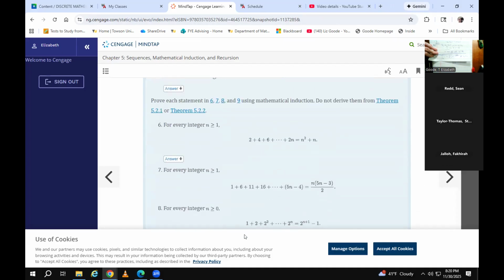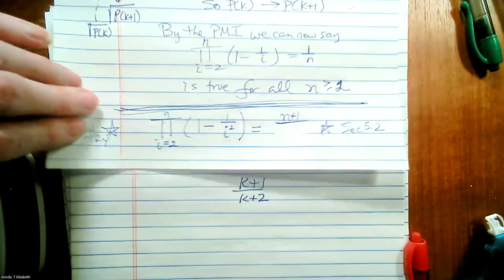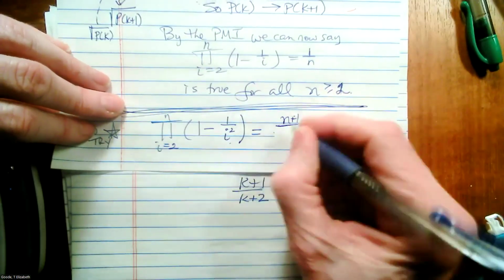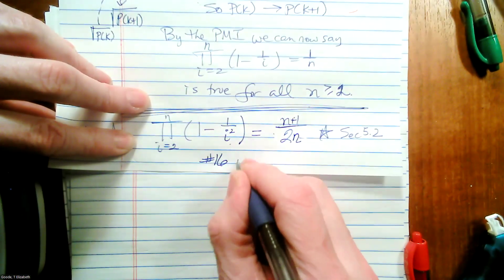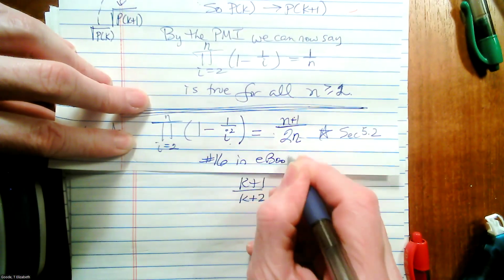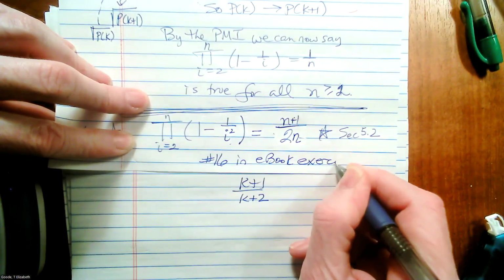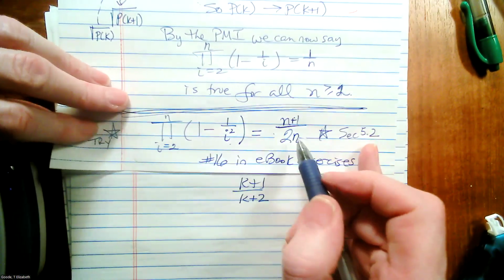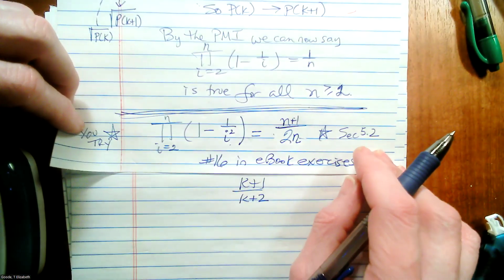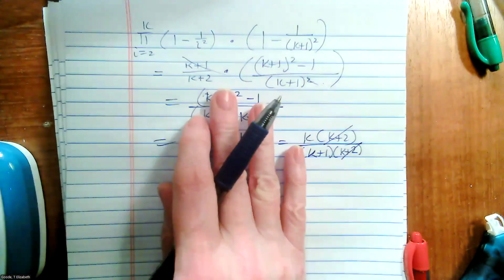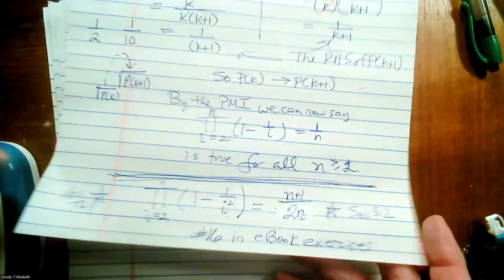Anyway, you can look at a lot of them. This is the one. It's number 16 in the ebook exercises. I'm glad I checked, because you would be very frustrated trying to prove something that wasn't true, right? I'm glad I checked it because it wasn't working out.